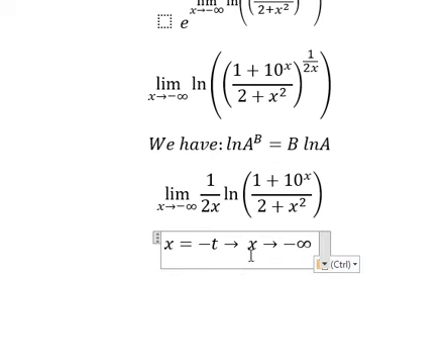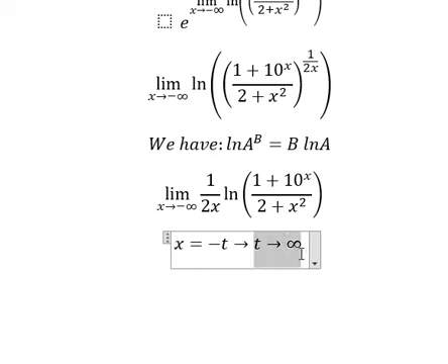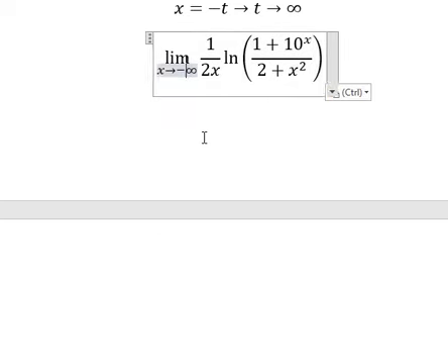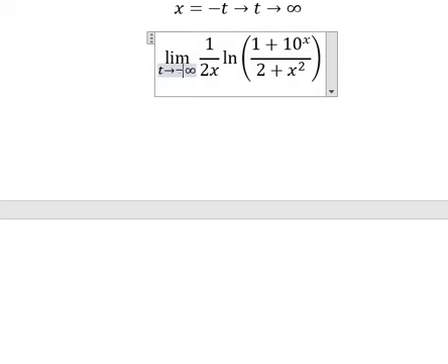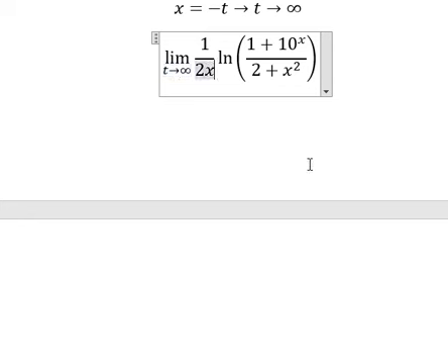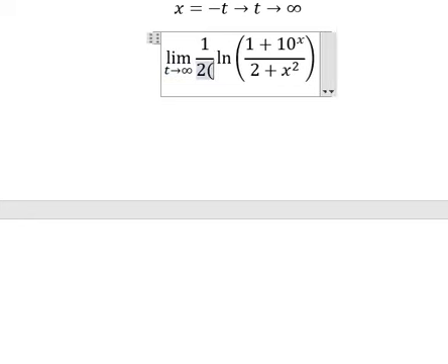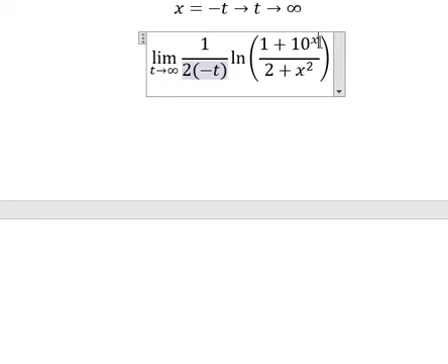Because we change s into negative t, negative and negative simplify and we have it like this. So t approaches positive infinity, and s is changed to negative t and negative t in here.